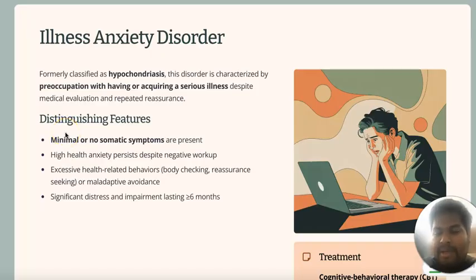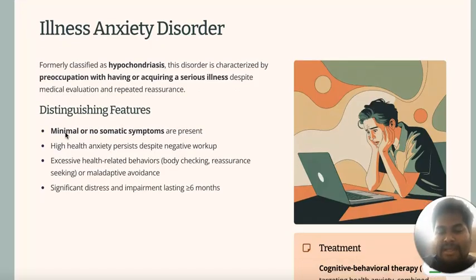There won't be any symptoms in the body, but they have a preoccupation or thought that they are having some serious illness like cancer, let's say, and because of that they feel really anxious. They like to visit different doctors, and their functional life has been impaired for more than 6 months. They do blood checking, they seek reassurances and everything.